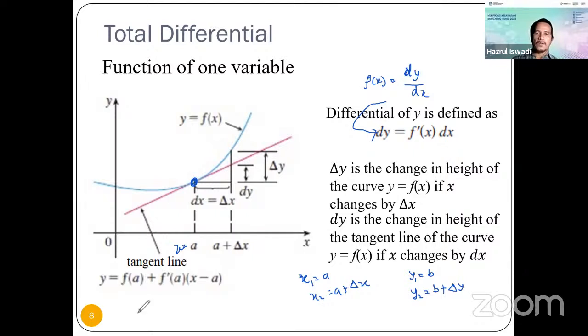Now, what about total differential if we have a function of more than one variable? Because in this illustration, the function is a single variable. Now we will look at the total differential for a multivariable function.